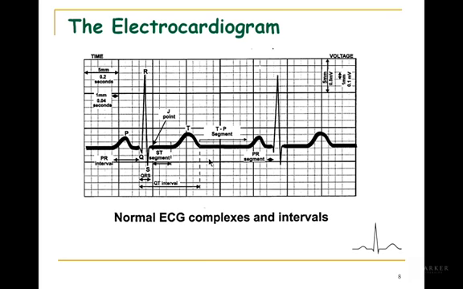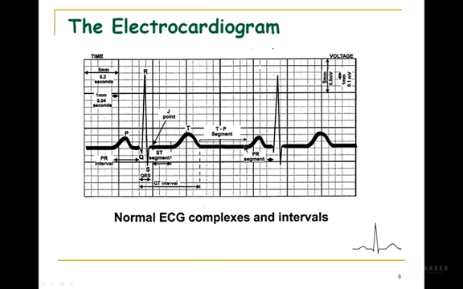So it's combined electrical activity. Also, when you have current flowing, you will see deflections, like the P wave or the Q or the R. Current only flows if you're depolarizing or repolarizing. If you're completely depolarized or completely repolarized, you'll see just a flat line.